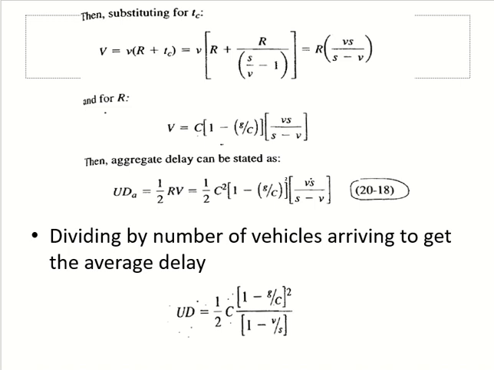So this is the equation for uniform average delay. The first one is for uniform aggregate delay, the last one is for uniform average delay. The first one is seconds vehicle, and the last one is seconds per vehicle. Clear? Okay.